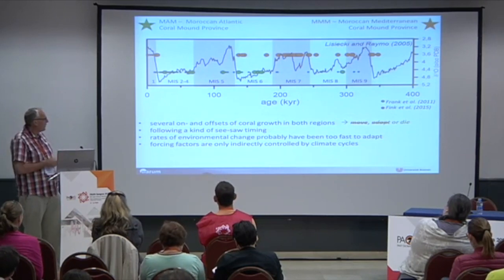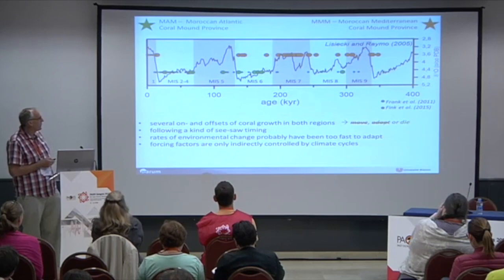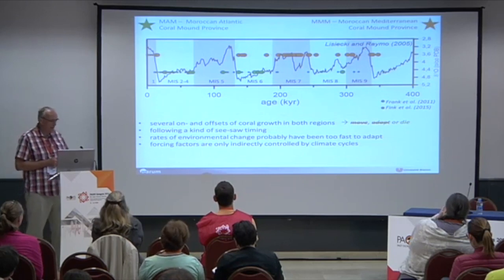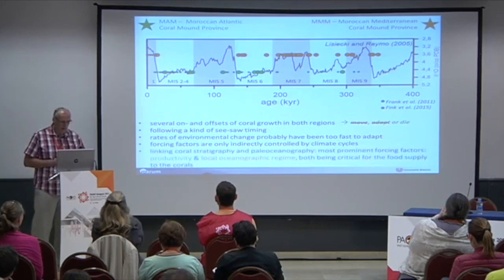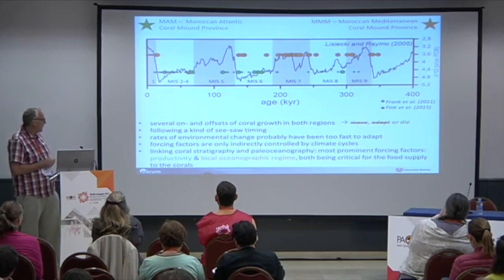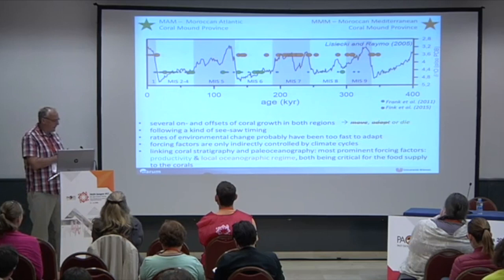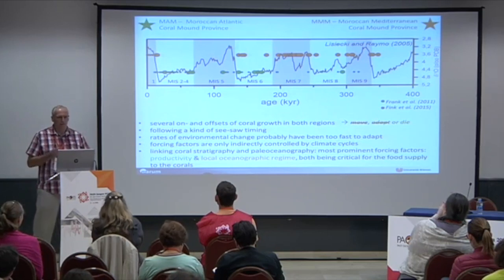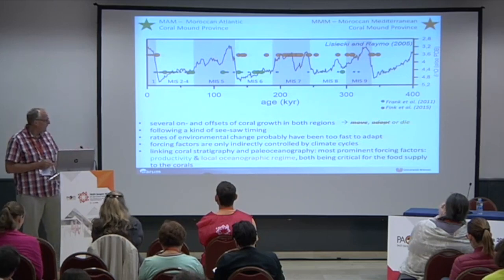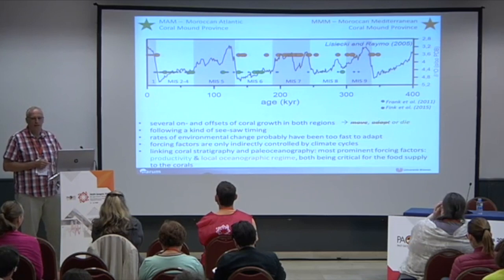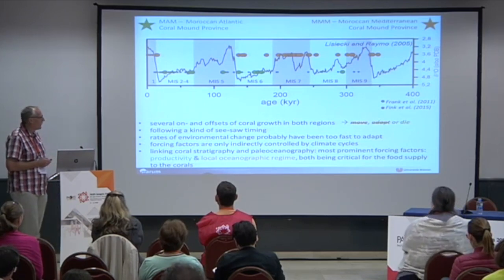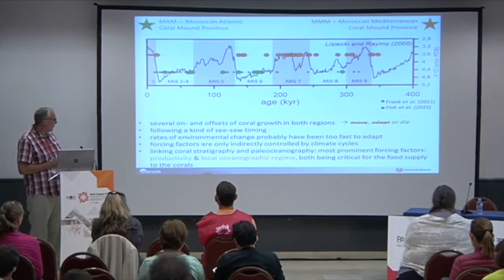But we used the normal paleoceanographic approach to learn about the environmental factors at these sites. And these are very, very clear in telling us that basically it's always a kind of regional pattern that affects the corals, but it's mainly the food supply that is controlling the proliferation of the corals.